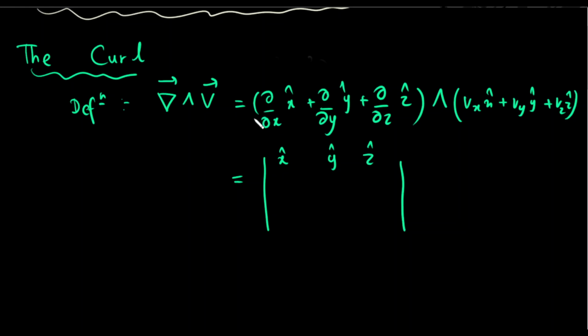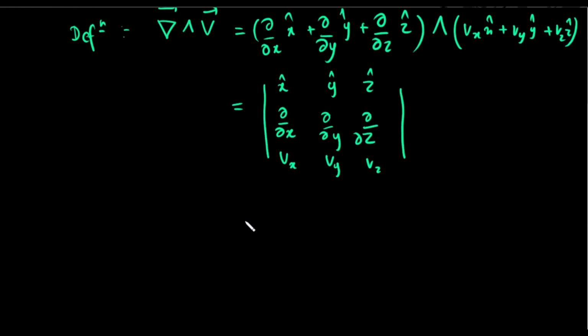The components of the del operator are del over del x, del over del y and del over del z. The second vector is V, with components Vx, Vy and Vz. Now we can calculate the determinant value of the matrix.